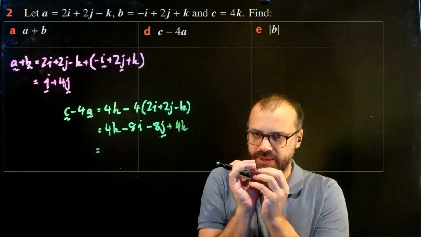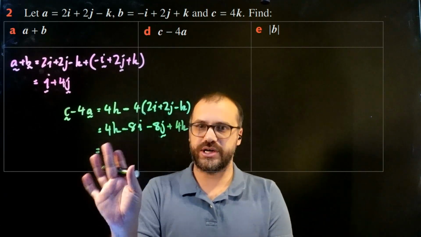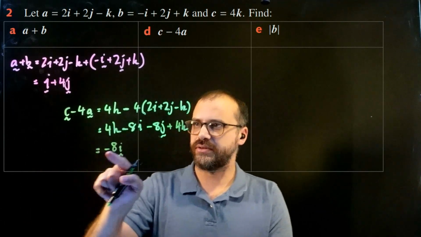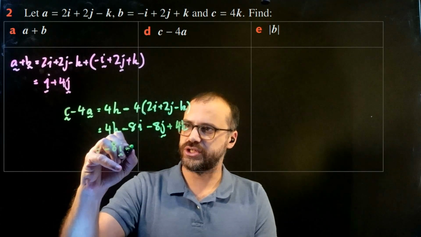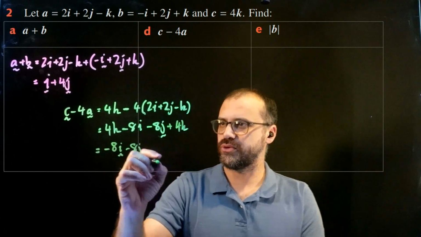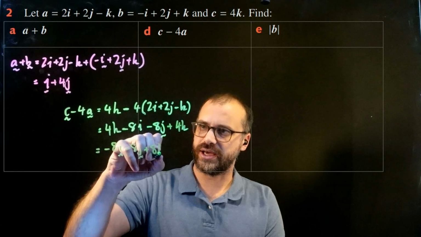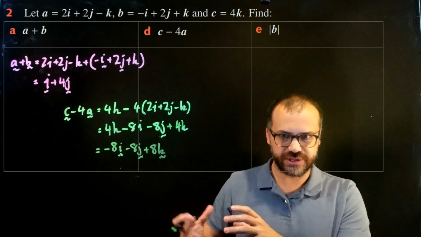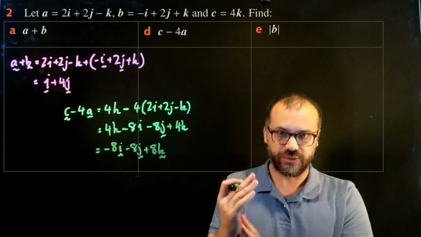But when you do this, put the i's first, right? It would be so weird to do it any other way. Negative 8i, negative 8j, alphabetical order, and 4k plus 4k is positive 8k. i's, j's, and k's. It's like a coordinate system, so you would always put them in order.